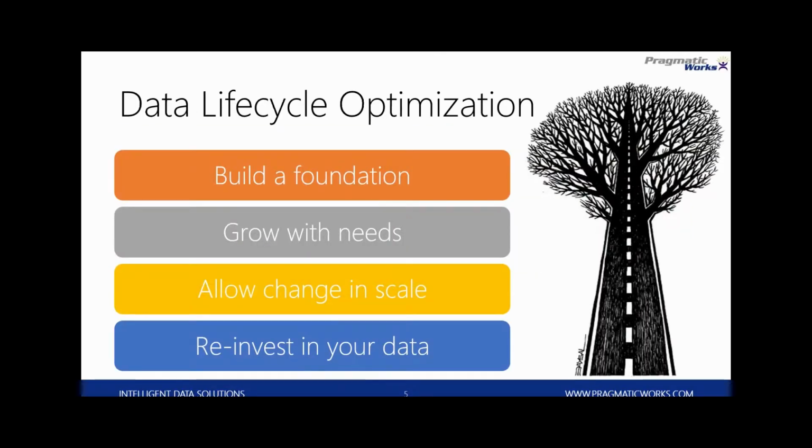So our idea with data lifecycle optimization is to cover these areas here. So it all starts with building that foundation. So in optimizing the enterprise business intelligence pillar, you really need to make sure that you build that correct foundation. And that's going to start with an assessment to understand where you currently are before you can start to build that roadmap on where you want to get to.